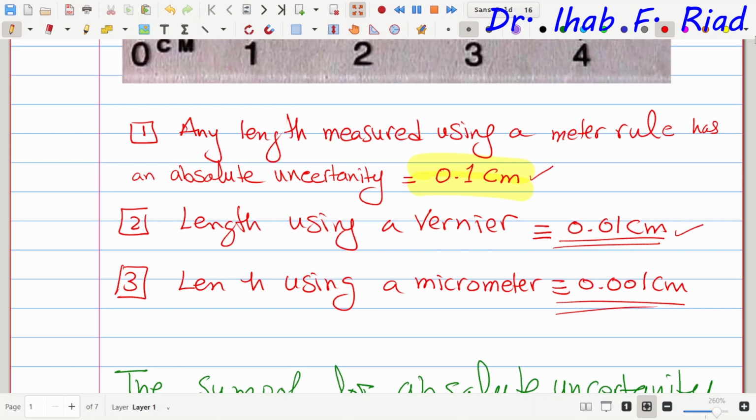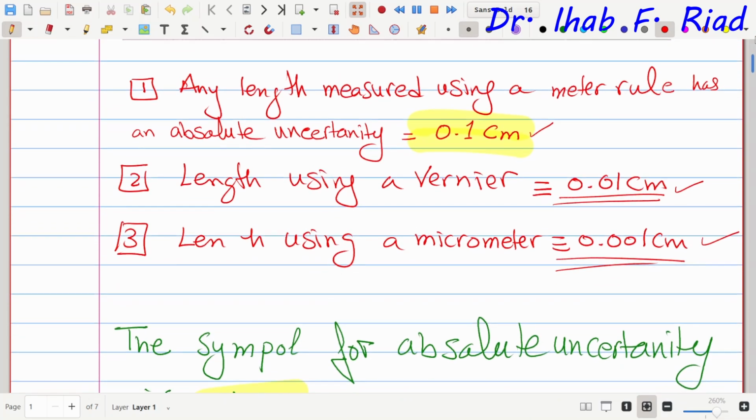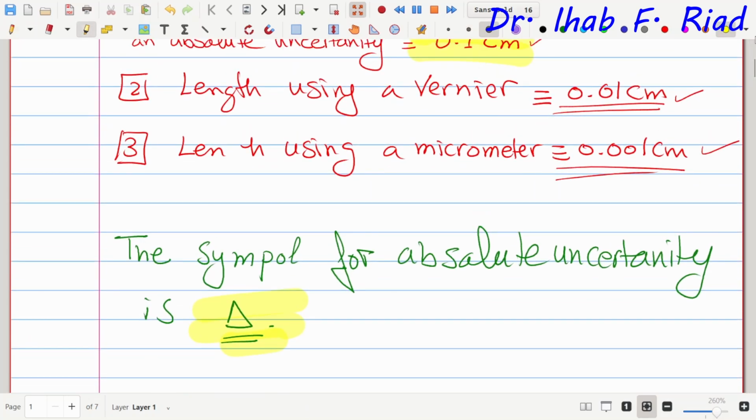If we do a measurement with a micrometer, then the length is going to be uncertain by a value of 0.001 centimeter. If you remember this from last time, okay, this uncertainty in a measured value is called absolute uncertainty.